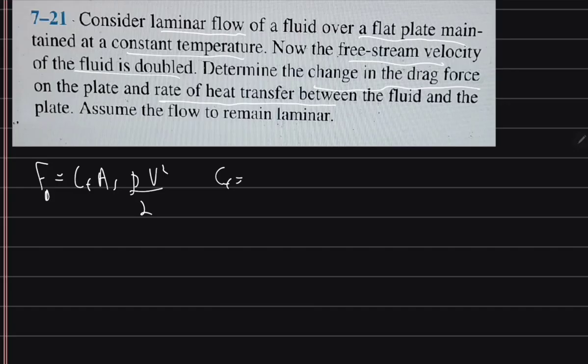CF is analytically, for laminar flow, about 1.33 over the square root of Reynolds number. Cool. So we can substitute that into this equation with CF. FD is actually 1.33 times the surface area divided by the square root of Reynolds number, times rho v squared by 2.